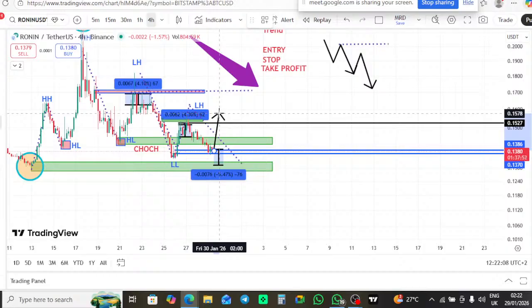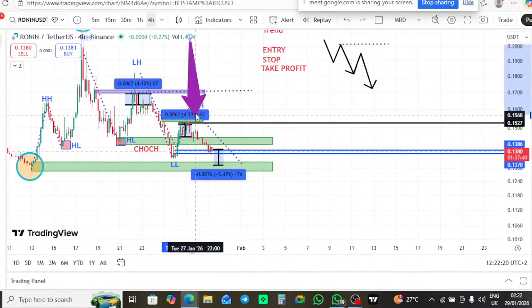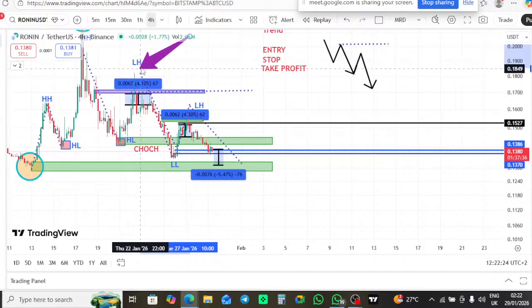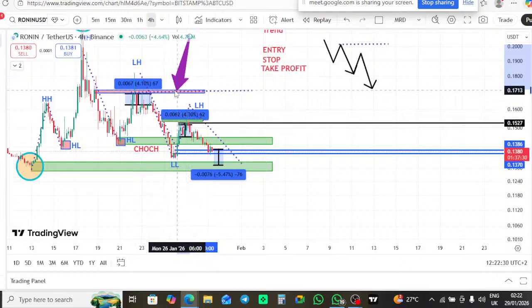Okay, so when a change of character now actually happens, when will we now enter? I said we wait for the market first to move up to form lower high. Since you have this lower high, we are going to form another lower high. But this point is not supposed to come and break this level.